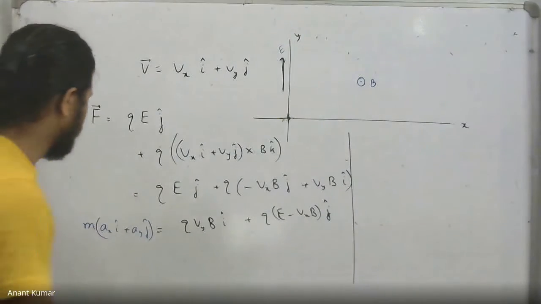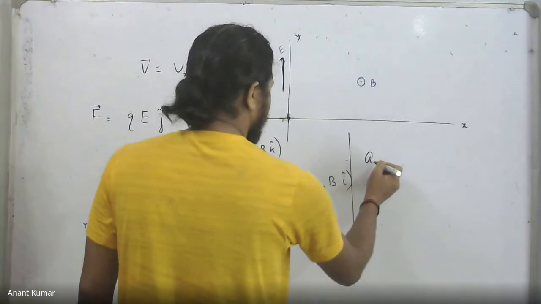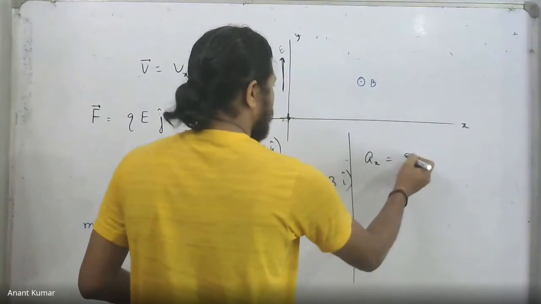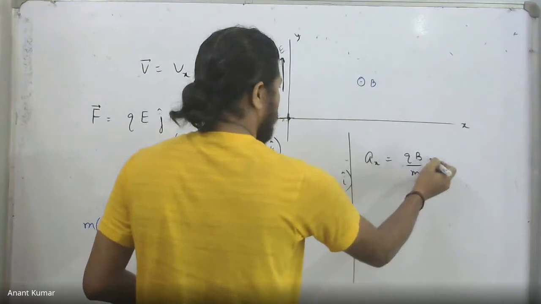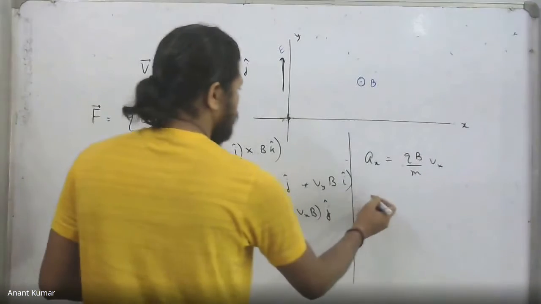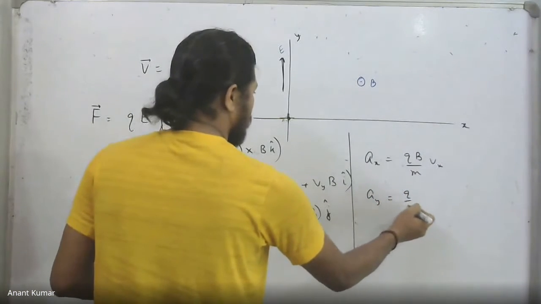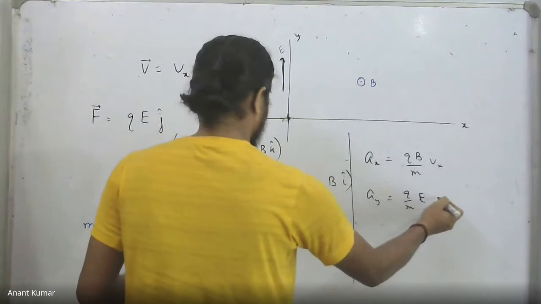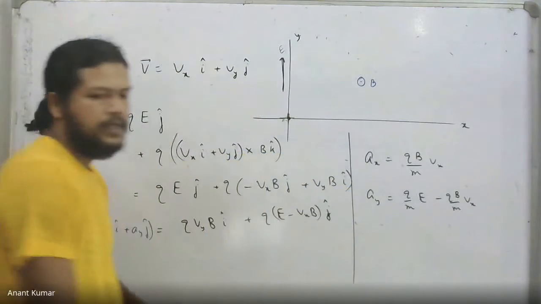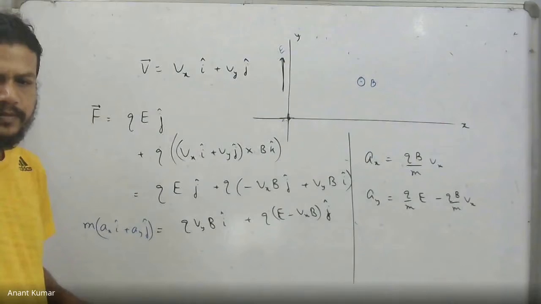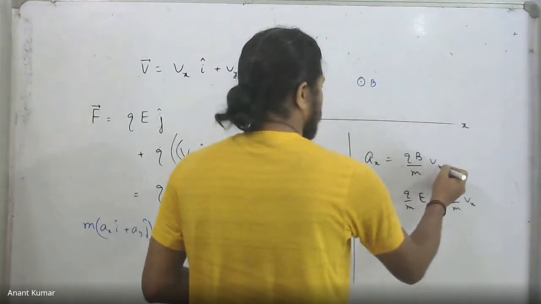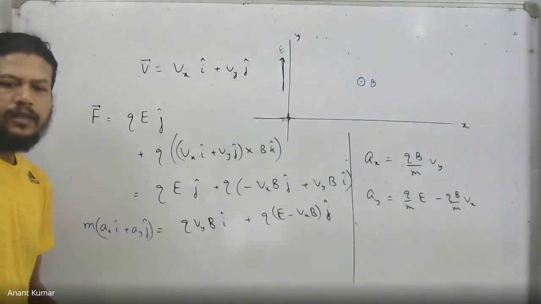The first one says ax, dividing by m, is equal to qB by m into vy, and ay will become q by m into E minus qB by m into vx. Oh, sorry, vy for the first one. Yes, that's right. So these are what we have.